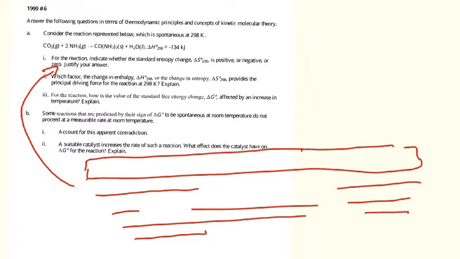In part 3, they're asking us how delta G is affected by temperature. For that one, you notice we just learned about the delta S and the delta H, and now we're going to talk about delta G. So we might as well just get down to it. The Gibbs-Helmholtz equation is the way that we explain our thinking here.